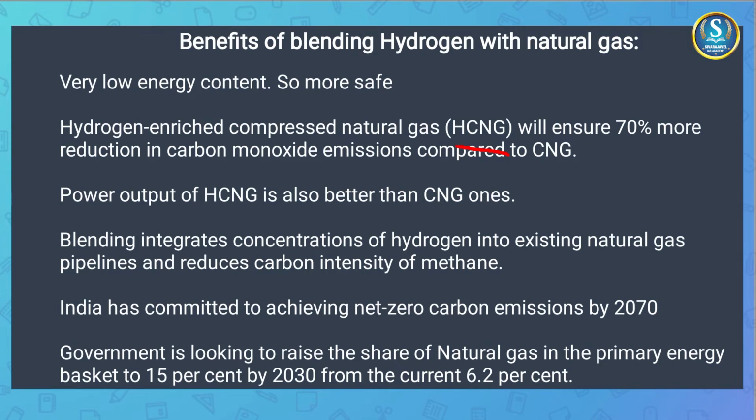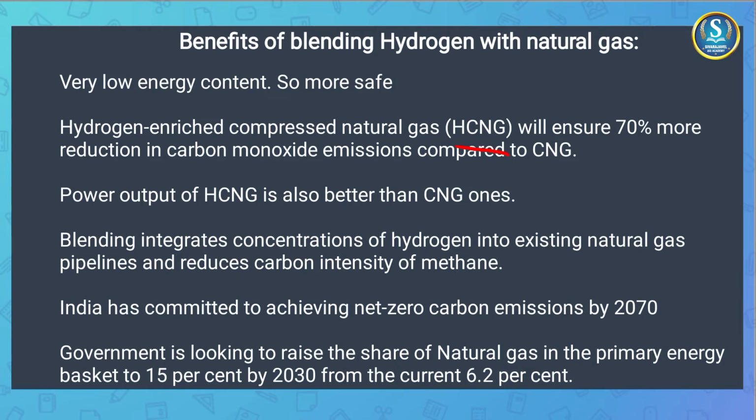At the same time, we are already using CNG, but when we can mix CNG with hydrogen, and there could be 70% reduction in carbon monoxide emissions, it's really great to do, isn't it? Next one, power output of this HCNG is also better than CNG fuel.